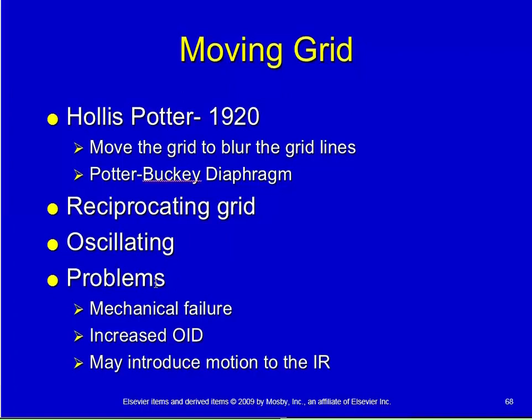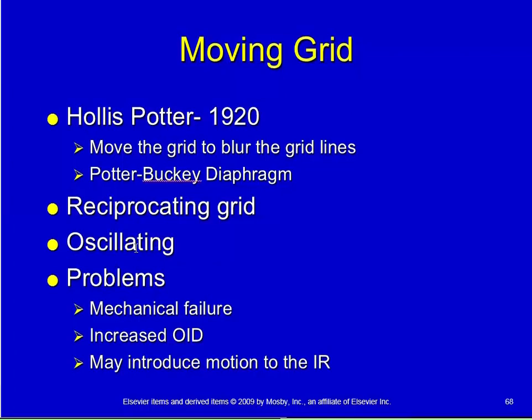The problems with a moving grid, number one, is mechanical failure. It's really not as big a problem as what it sounds like. Mechanical failure means that for whatever reason, your reciprocation or your oscillation has stopped. It just doesn't work anymore. So now you've got a stationary grid. You use stationary grids all the time on a portable anyway, so it's really not all that big of a deal.